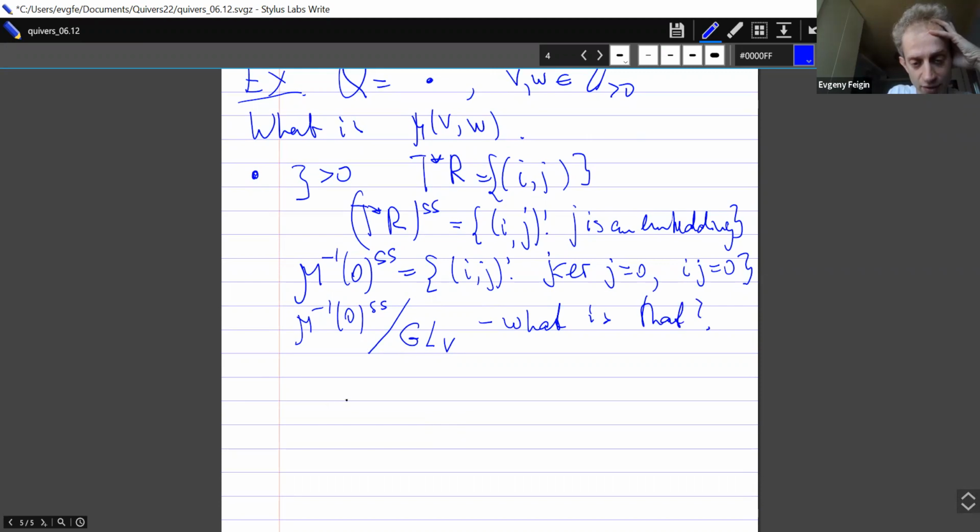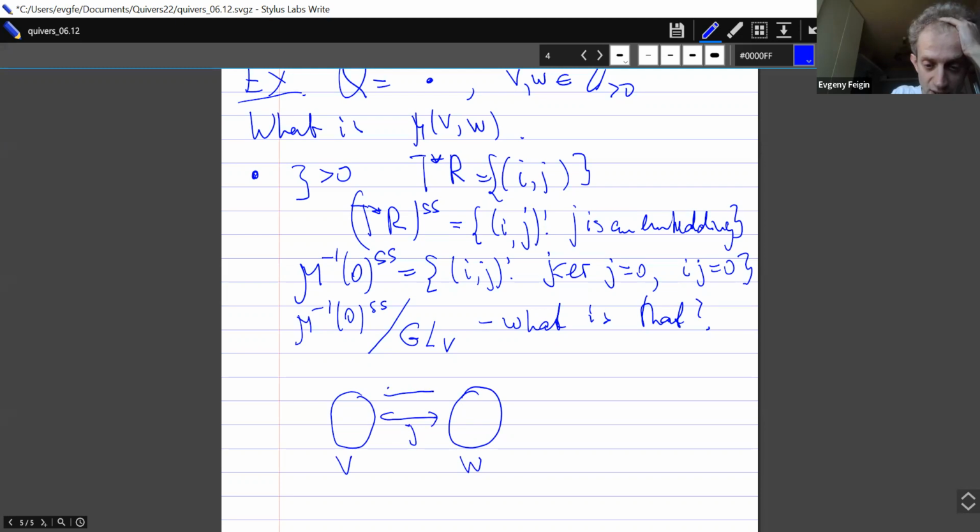We have V, we have W, and we have J, which is an embedding from V to W, and also we have I, such that the composition of I and J is 0.